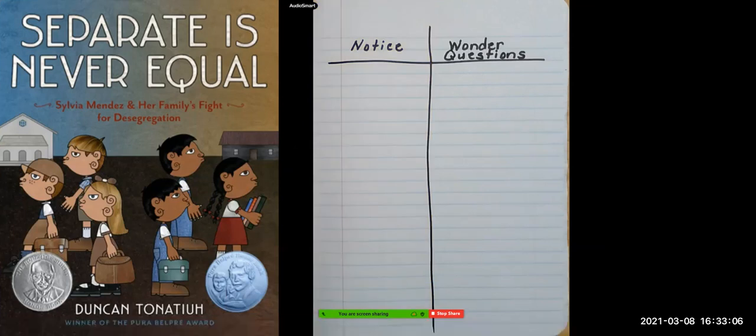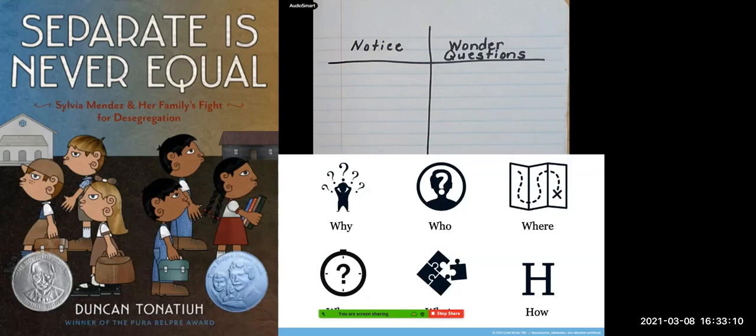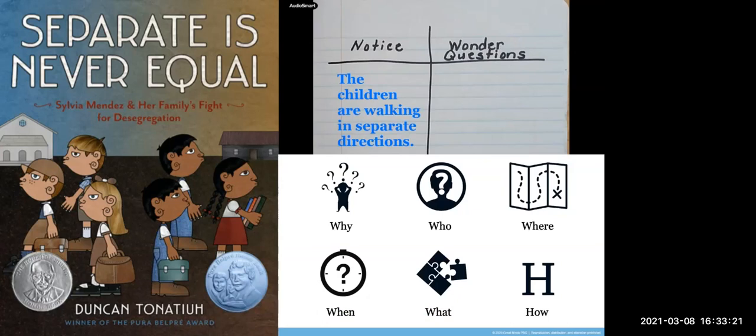While we're making observations, or while we're noticing, questions often pop up in our minds that are connected to those observations. For example, you may have noticed that the children are walking in separate or different directions. When I noticed that, a question popped into my mind. I wondered, why are they going in different directions?